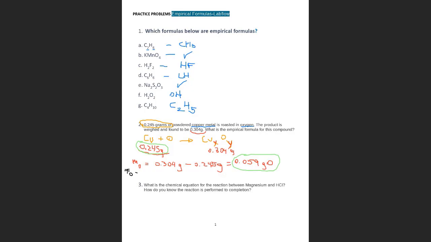So when we convert to number of moles, the number of moles of oxygen is going to be the grams of oxygen, 0.059 grams, multiplied by, we know the atomic weight. We know that 1 mole of oxygen has a weight of 16 grams.